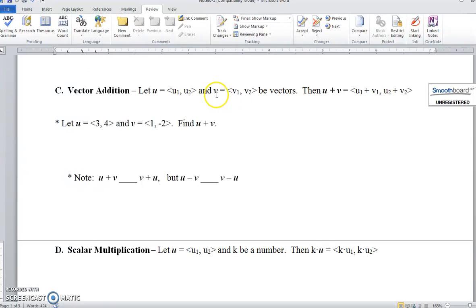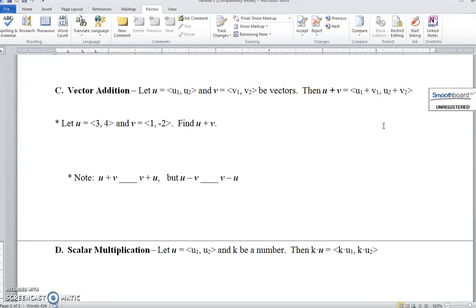other y, and then vector v, which is also an x and a y value, to add them together, simply take their x values, find the sum, take the y values, and find the sum. So nothing too complicated there. Let's just try to show you what the math would look like.